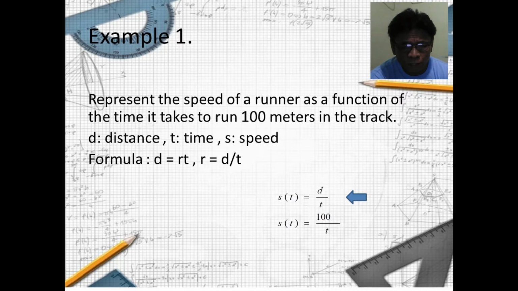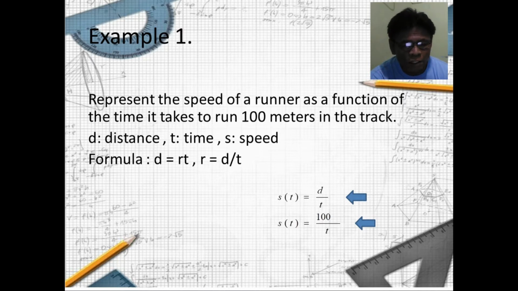If we solve for the speed with respect to the time, S of t equals distance over time. Then substitute the distance 100, and it becomes S of t equals 100 over t.